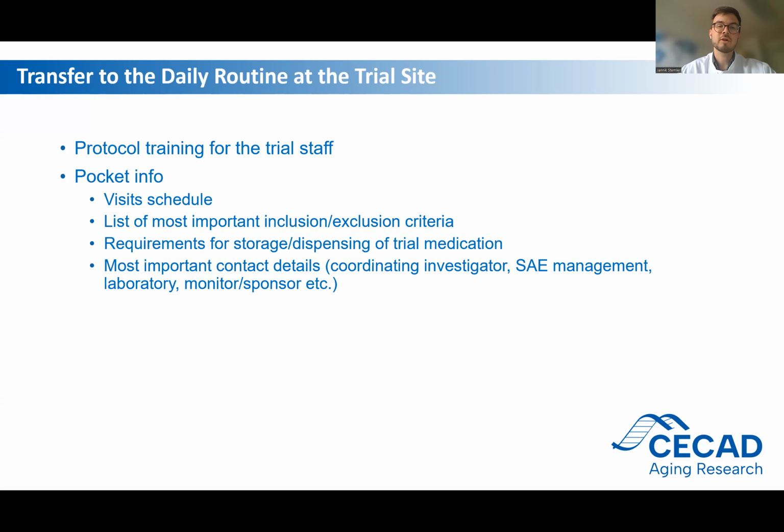So this could be a small card or a brief overview that summarizes all important information about the study, such as the visit schedule, the in- and exclusion criteria, the most important ones at least, the requirements for the storage and dispensing of the trial medication, as well as the most important contact details, for instance, from the monitor for the serious adverse events management, from the laboratory monitor, sponsor, etc. So this is really useful so that study nurses and investigators can have a brief look if they are talking to an eligible or potentially eligible patient on the visit schedule to inform them as well as possible.